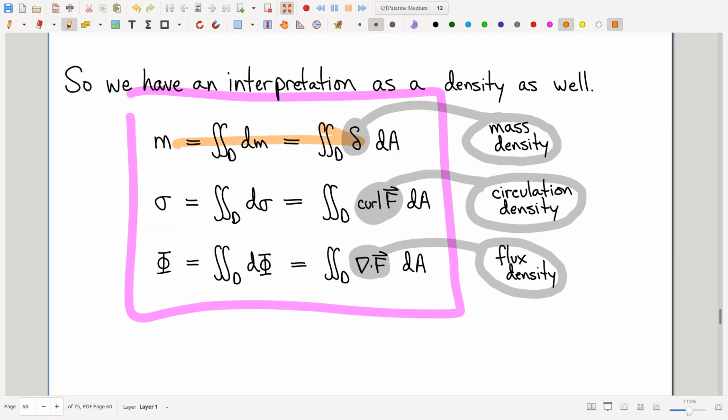So this computation about mass that we started doing in early chapter 5 is totally familiar: mass is an integral of mass density. Well, sure, why not? Circulation is an integral of circulation density, and flux is an integral of flux density.